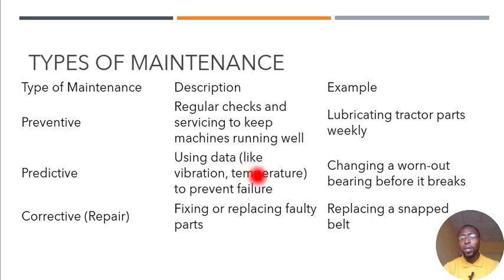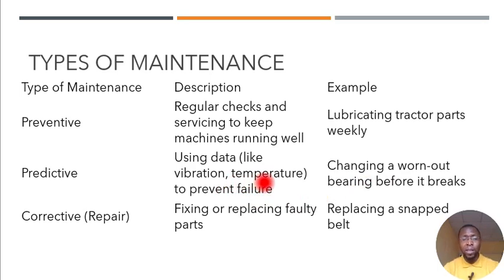All right. By the time you do that predictive maintenance method, sometimes you find that there may be reason to change some part of the machine. Maybe the belt is worn out, or maybe the chain is weak and needs to be replaced, instead of allowing it to break down.